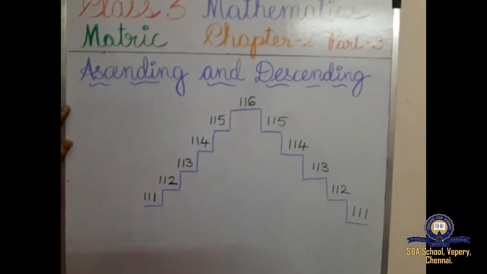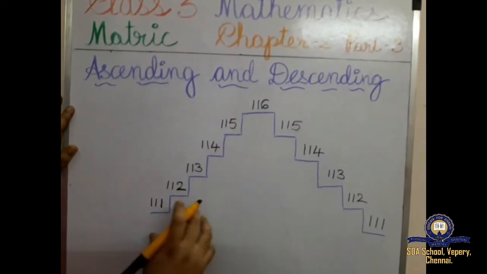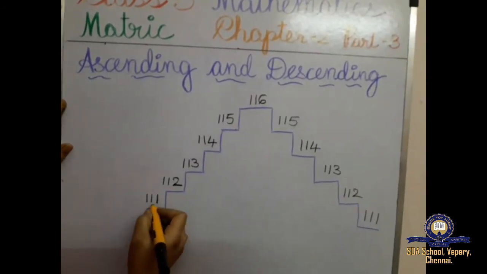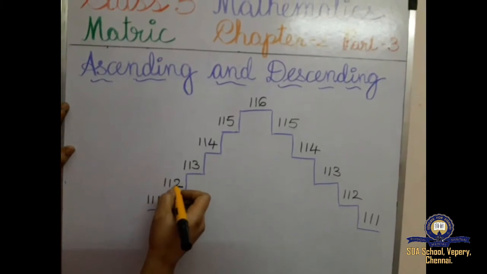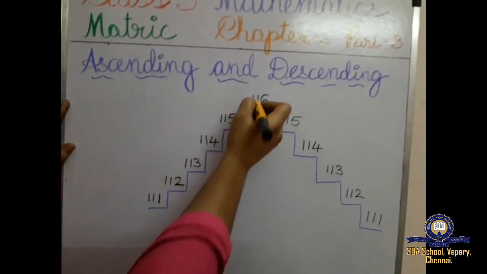So here I have drawn the steps. See the steps here. To make you understand, I have drawn like this. So 111, 112, after 112, 113, after 113, 114, 115, 116.